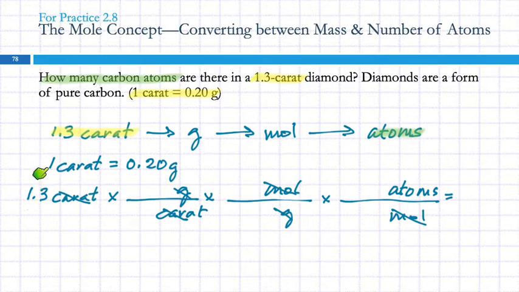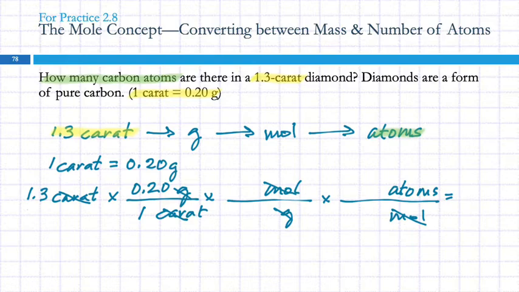Well, I've got this one. 1 carat is 0.20 grams. Grams is on top, so the 0.20 goes with the grams, and 1 carat goes in the bottom. There's no thinking. The units tell me where to put the numbers. Moles and grams. Where do we get that from?